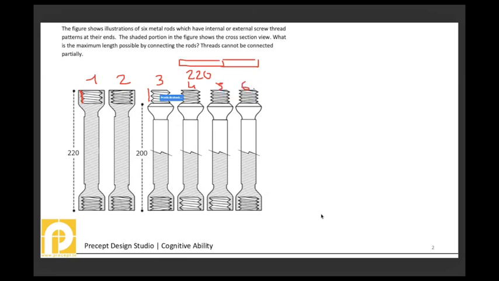Then we'll take the 3, which has one external and one internal screw thread. Then we'll take the 201. Why? Because the 201 will connect itself through the external screw thread and then there will be one internal screw thread inside. Then we take the 4, 5, and 6 together. So 200, 200, and 200.